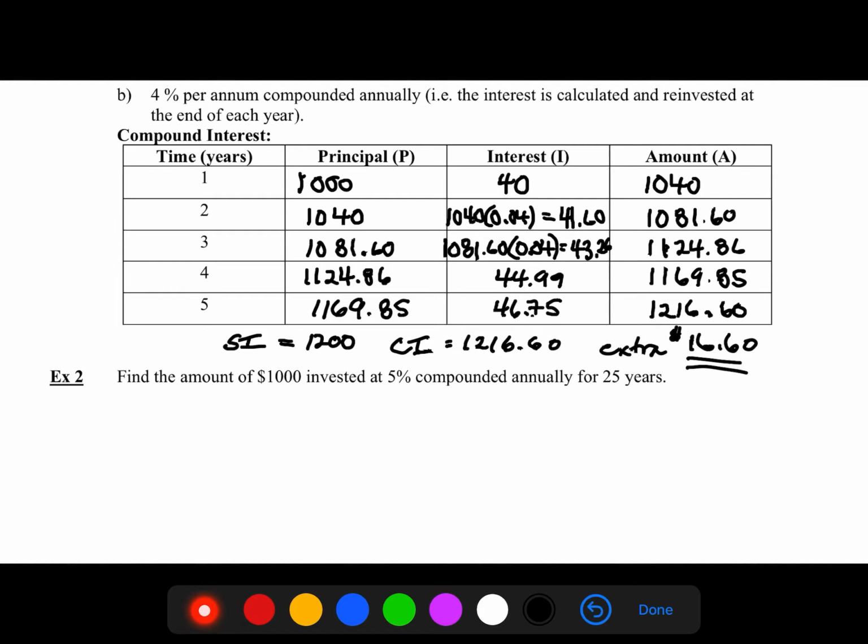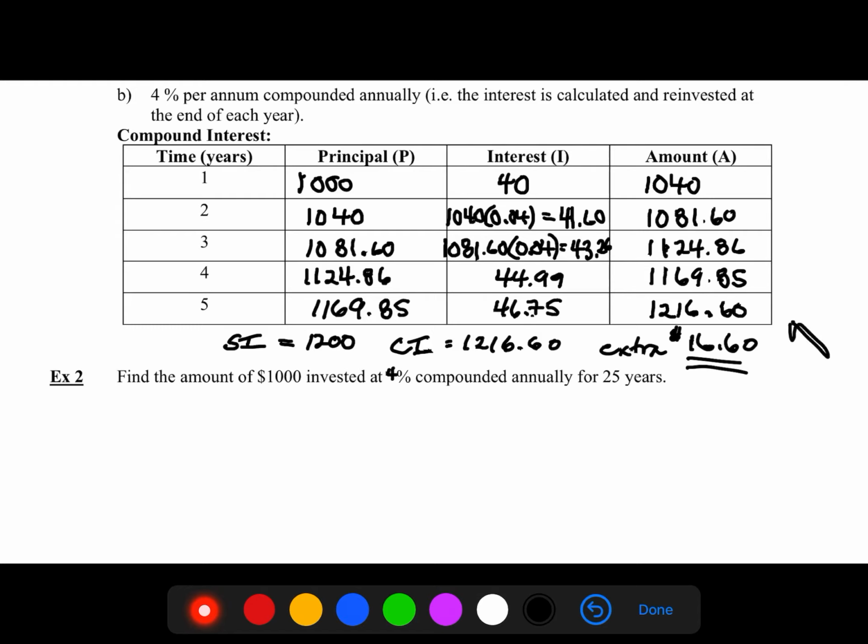That $16.60 is simply the extra that is earned on the previous interest. So if you're investing, you want it compounded. If you're borrowing, you would prefer simple interest, but traditionally most investments and loans are compound interest. And the more often you compound, the more interest is going to be earned, and we'll talk about that in a second. Example number 2.